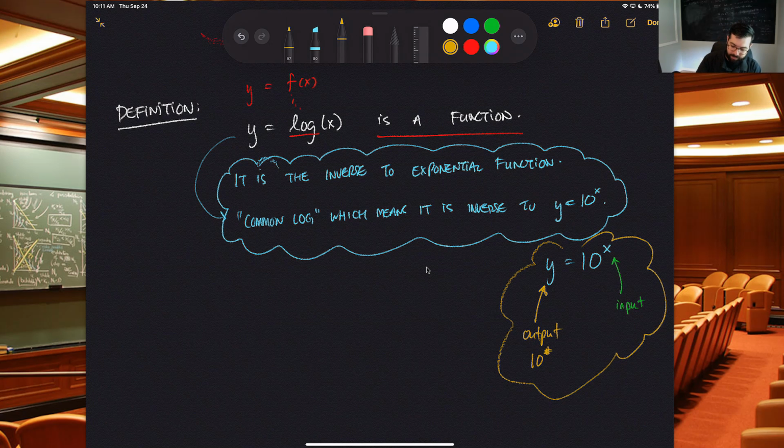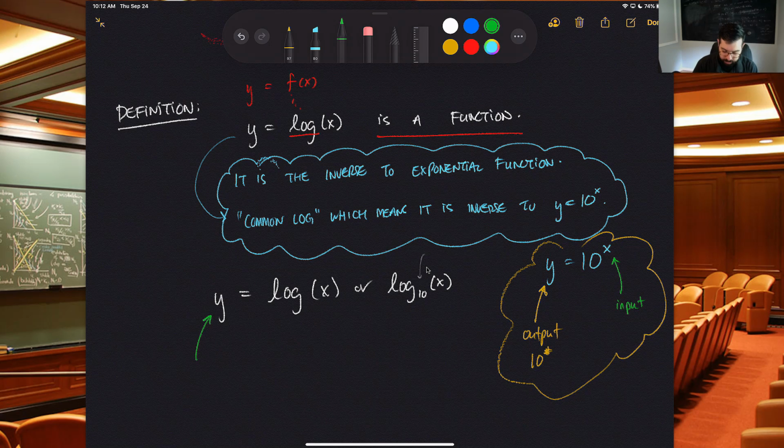So the inverse of that then, y equals log x, or what we call log base 10 of x. We'll write it in the subscript here. What this means then, the input is the output of the exponential function and vice versa. The output is the input. So what does that mean? The output here is the input. Let me do it in green.